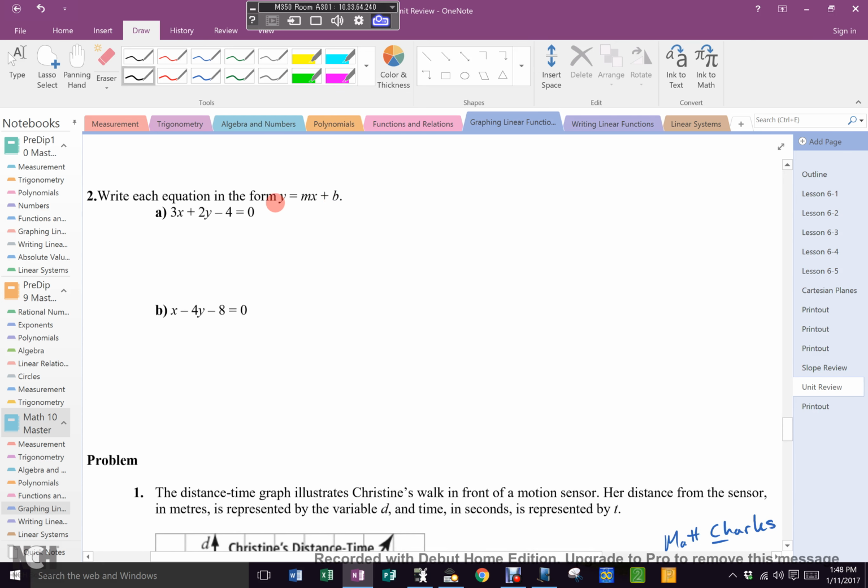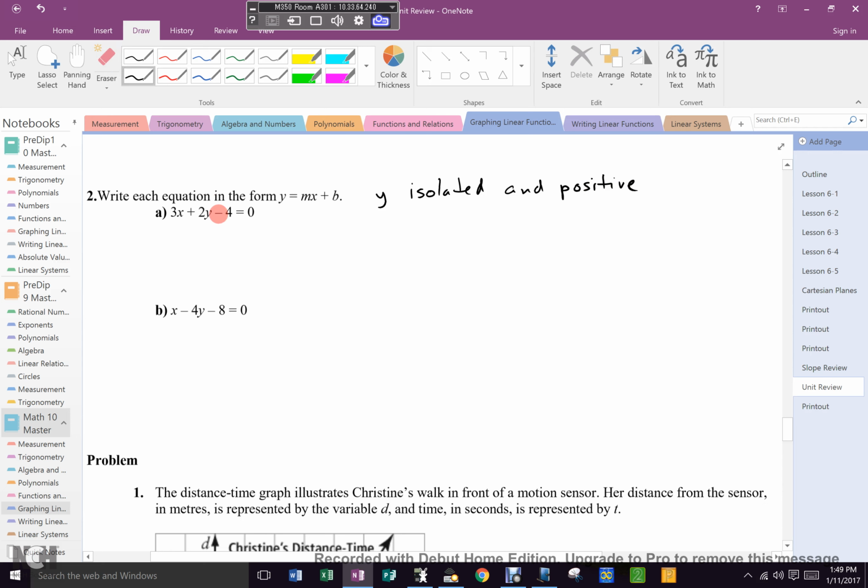I want this form. So as you can see, I need my y isolated. So all I got to do is get y alone, y isolated and positive. So let's do that.